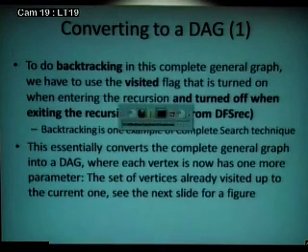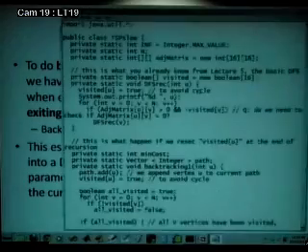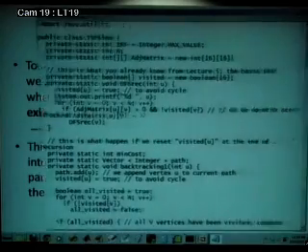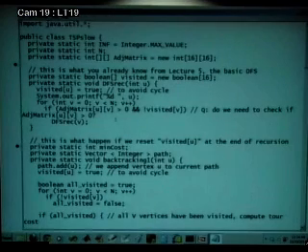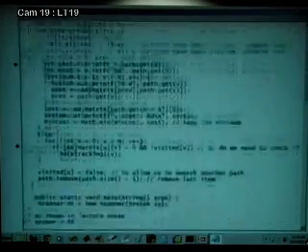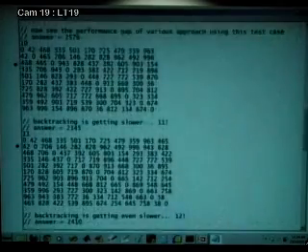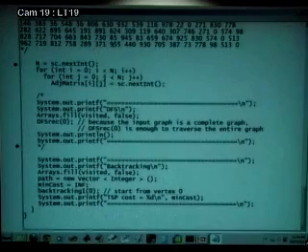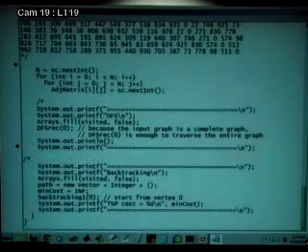So I will show you this code, TSP slow. I will show you the first version first.